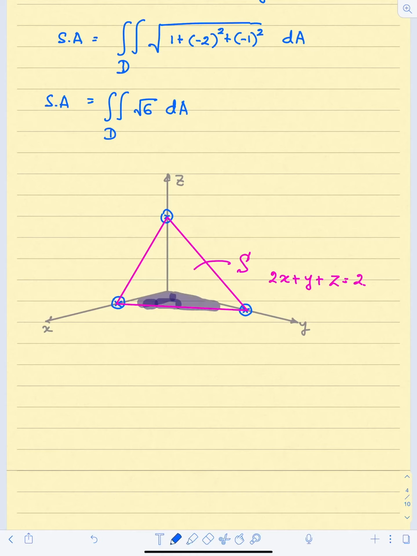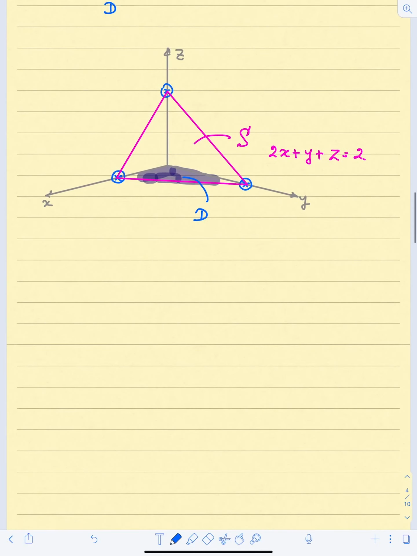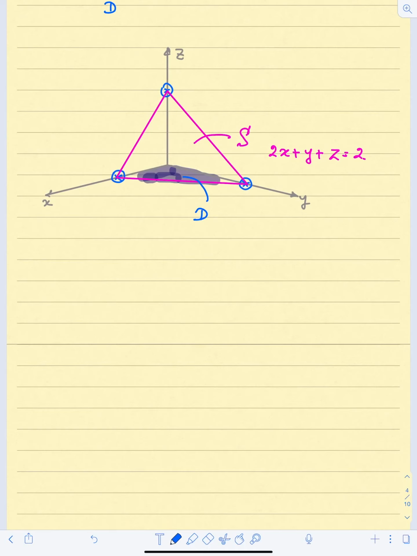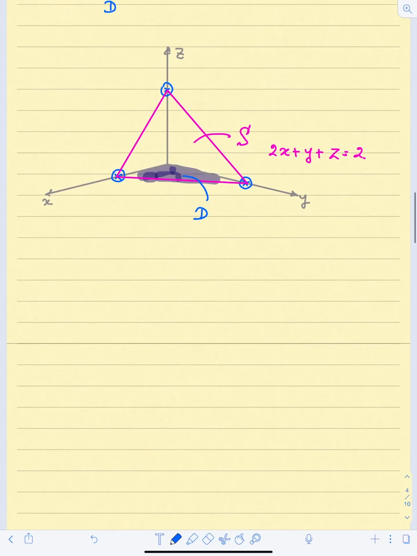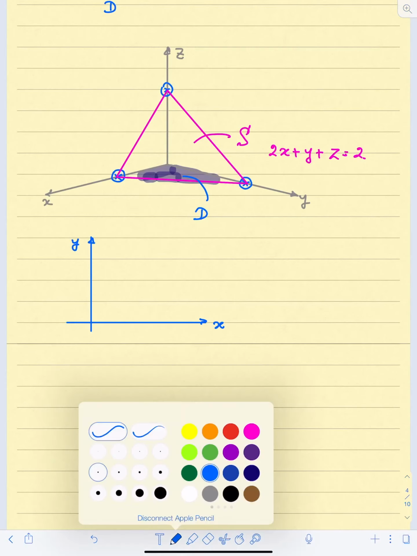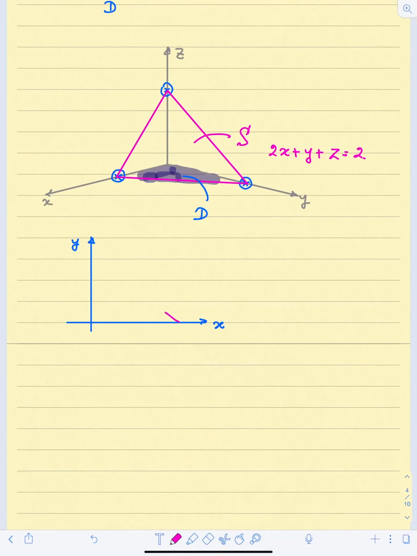That should be your domain D. It's a projection. So let's consider the xy plane. This is the x-axis, this is the y-axis, and now we have a line. Basically this line is over here, and our domain D is this one.